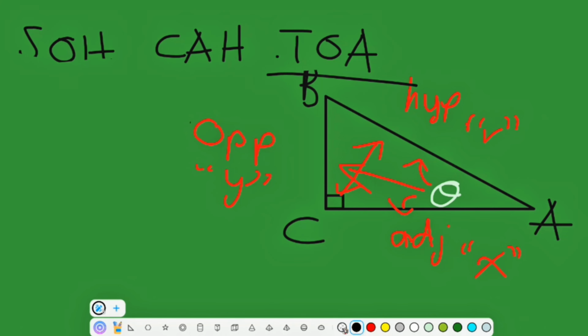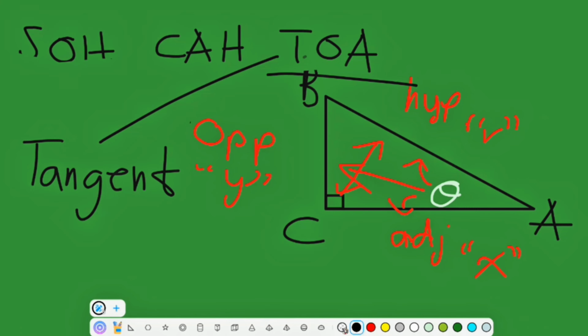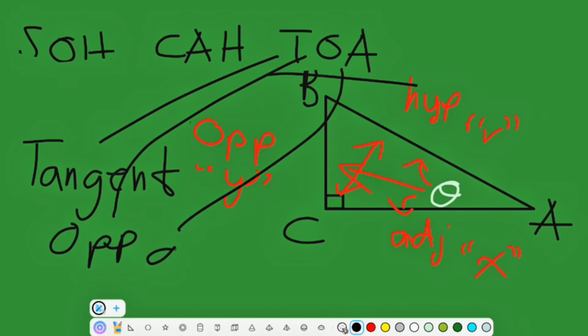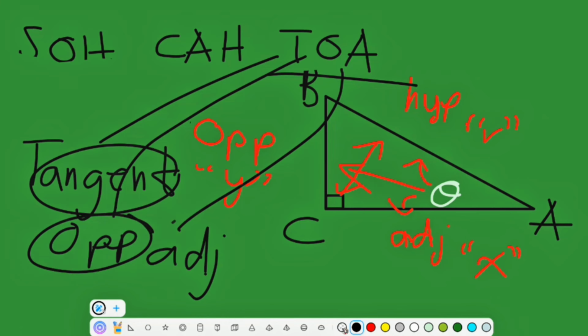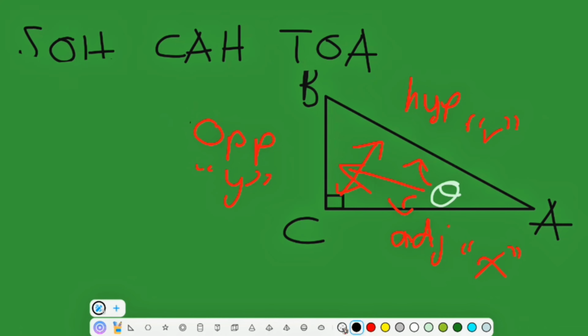TOA is tangent, opposite, adjacent, meaning tangent of a certain angle is equal to opposite over adjacent. The term SOH CAH TOA only works on right-angled triangles.